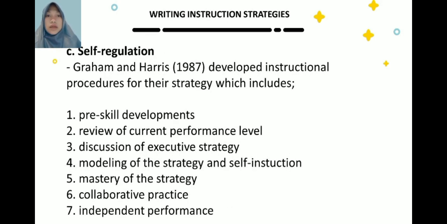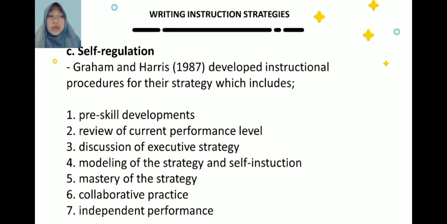And the last strategy in writing instruction for the learners with difficulty remembering and focusing is self-regulation. This strategy requires the writer's continuous vigilance for the graphic, syntactic, and semantic errors that happen in writing.